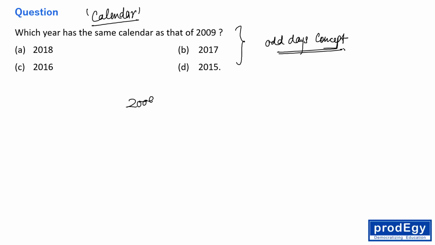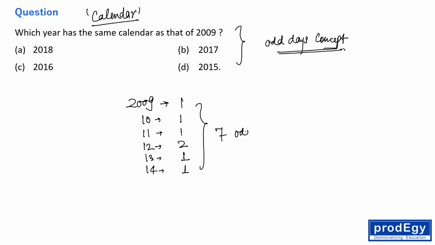So in 2009 we have one odd day. In 2010 we have one odd day. In 2011 we have one odd day. In 2012 we have two odd days since it is a leap year. 2013 we have one odd day. 2014 we have one odd day, right? So how many odd days are there? 3, 2, 5 and 7.